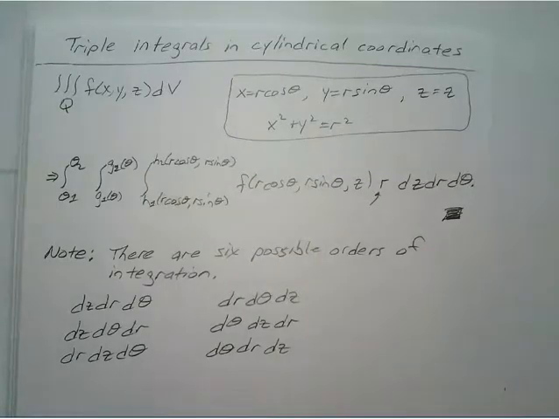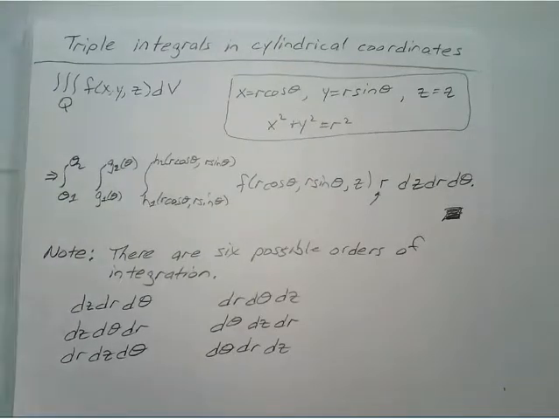Okay, so those are your 6 orders of integration. And again, you can use them in whichever order you like. All right, so if you are still writing, feel free to press pause. But we're going to go ahead and go to our first example.